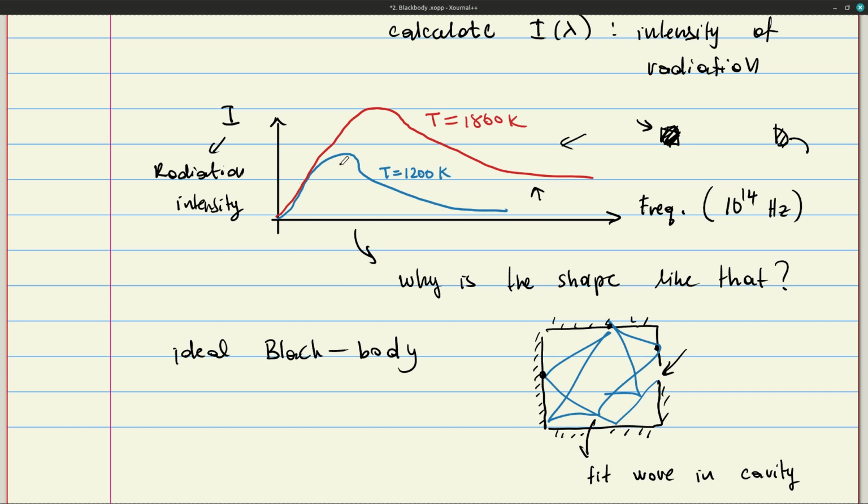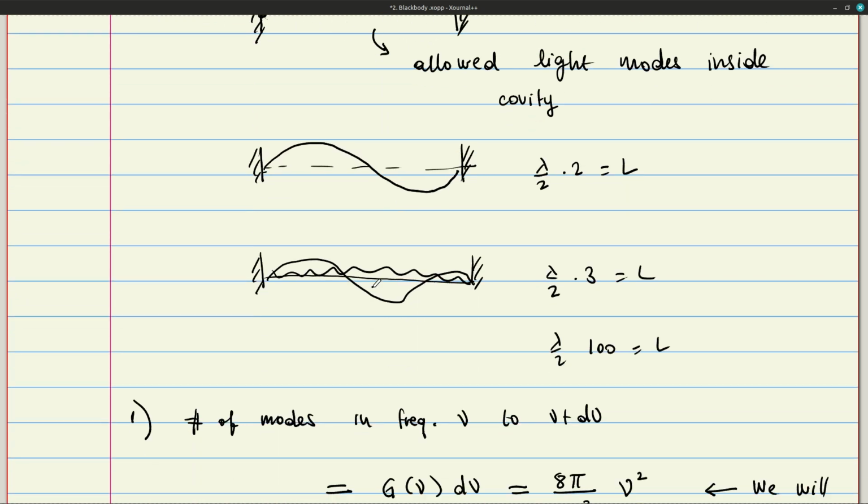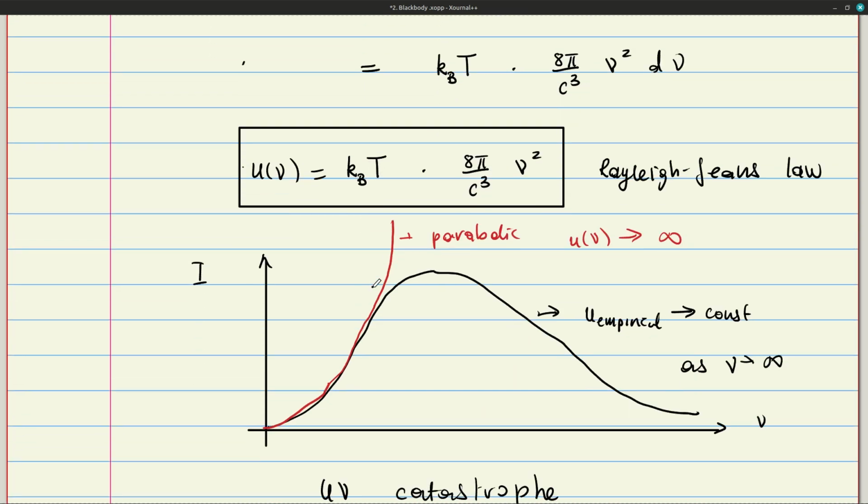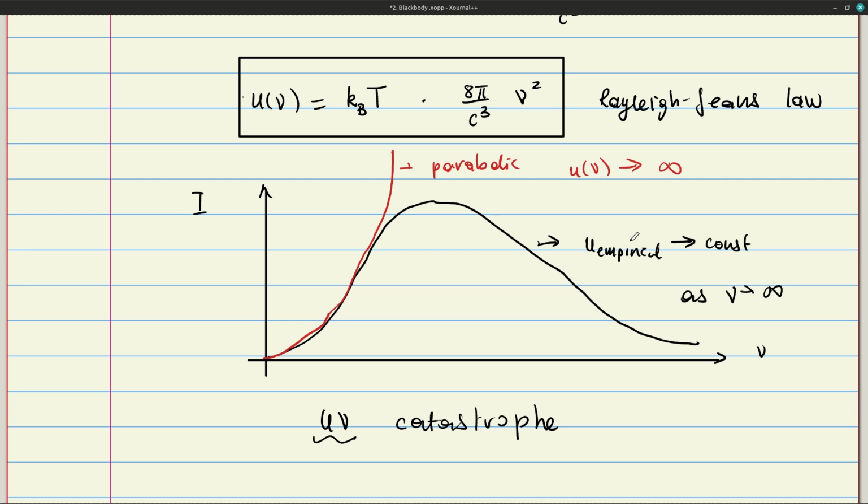At each frequency there's a corresponding intensity. Now I have two things to compare. One is the intensity coming from the Rayleigh-Jeans law. The other is the intensity coming from experiment. These two seem to have good agreement at small frequencies, but they are terribly divergent at large frequencies.